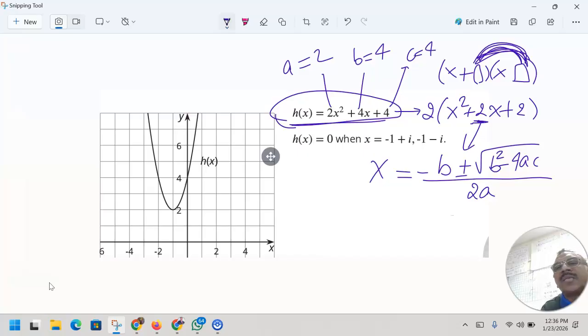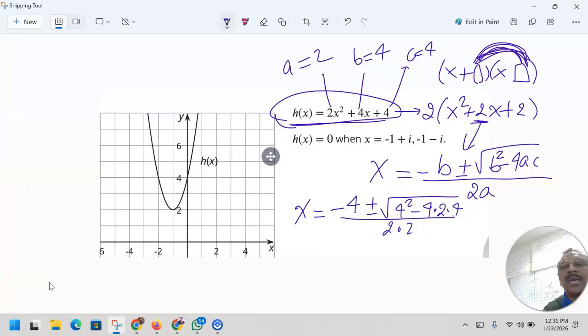If you plug these three values into the formula, it's minus b, which is 4, plus or minus the square root of b squared, that is 4 squared, minus 4 times a, which is 2, times c, which is 4, and then divide by 2 times 2.